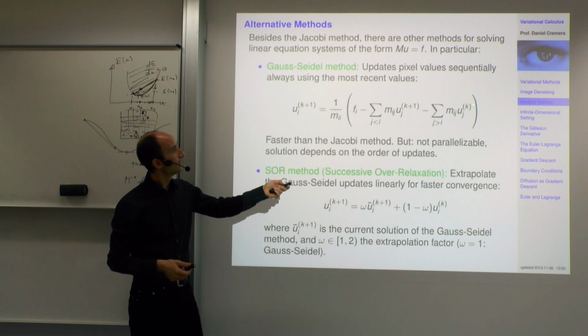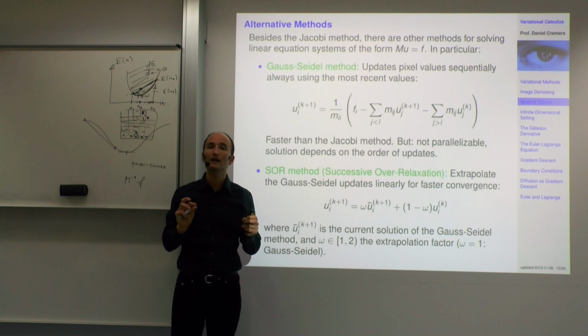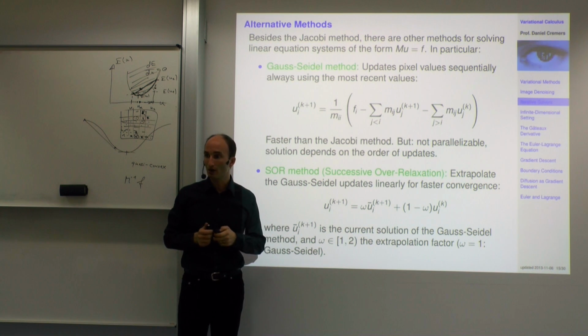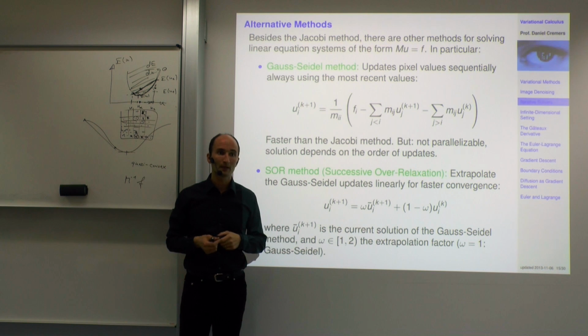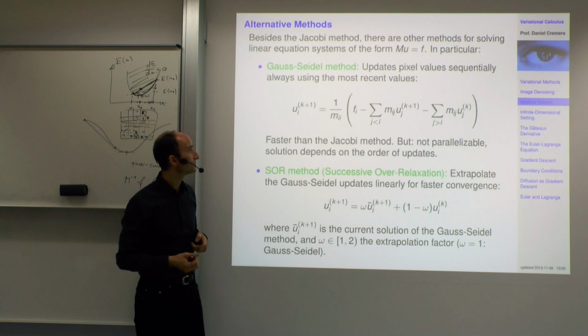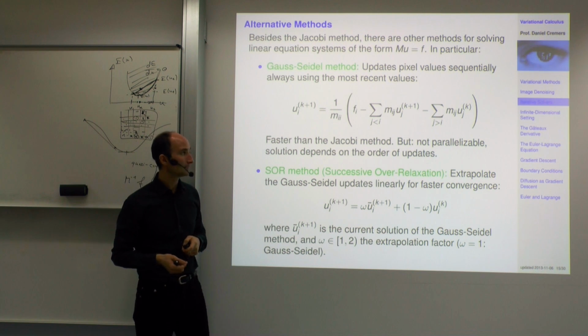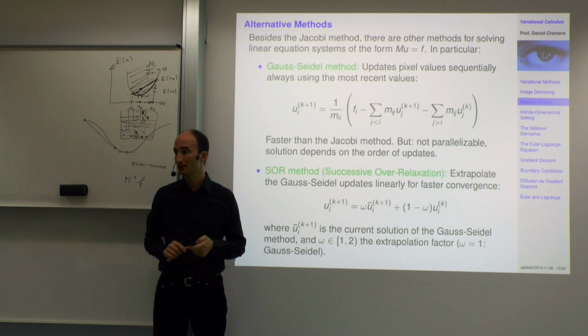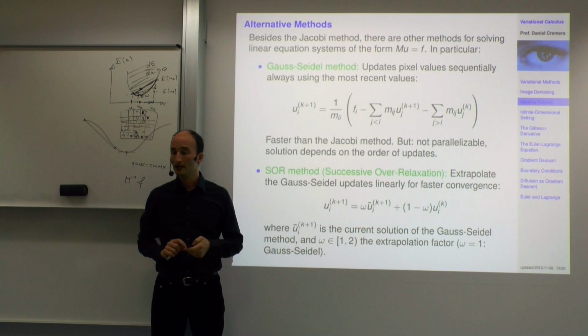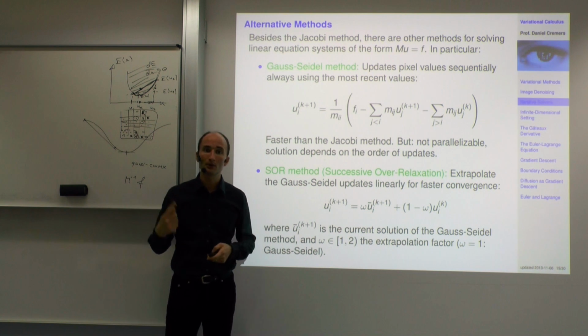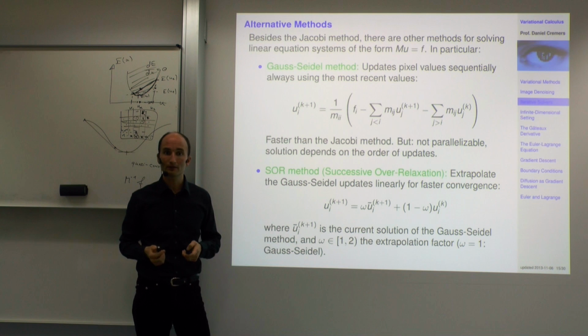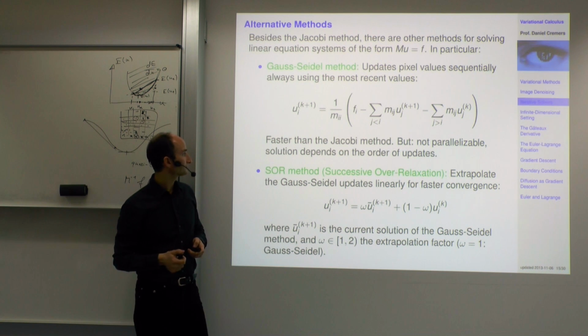And so this update scheme is a slight variation of this Jacobi solver, and it's called the Gauss-Seidel method. It's a different way to iteratively solve equation systems that is slightly different from the Jacobi solver, in that you always use the most recent information for every pixel.